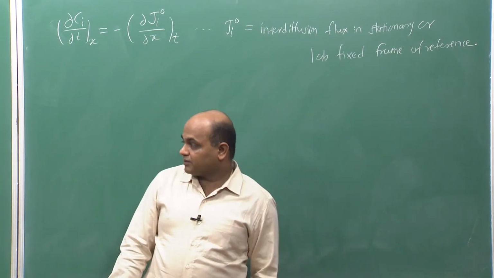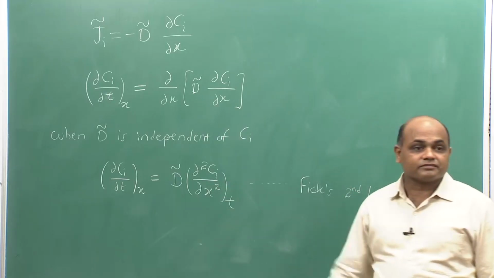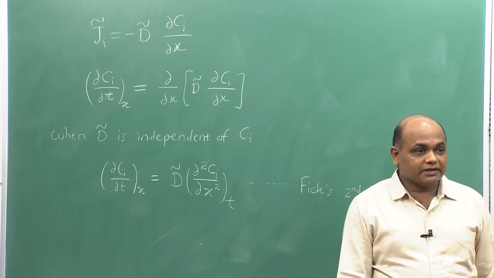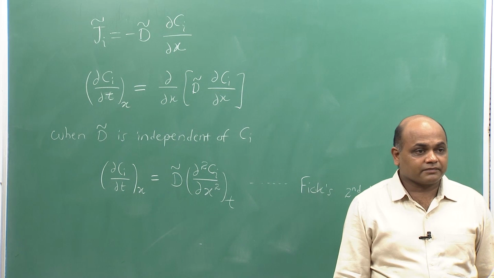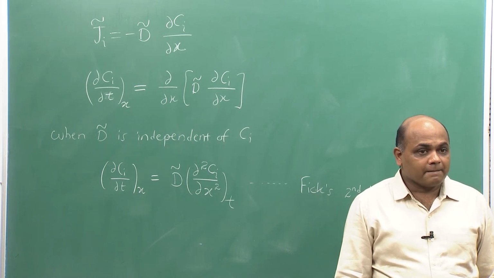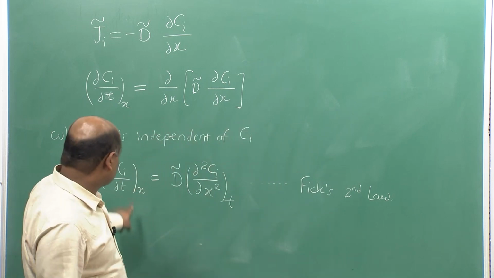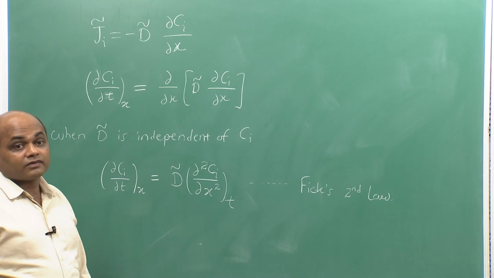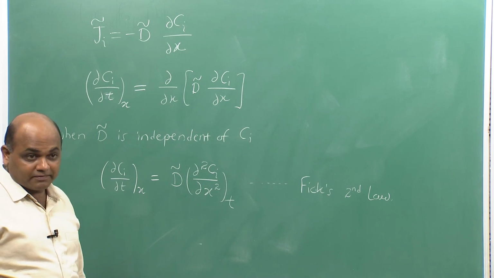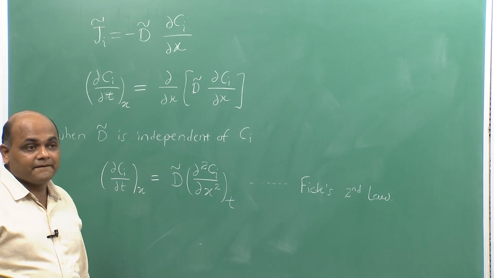So, now based upon our previous discussion, when I wrote this, what is the assumption that I have made here? What is the frame of reference that we usually use when we write this equation? Volume fixed frame, right?